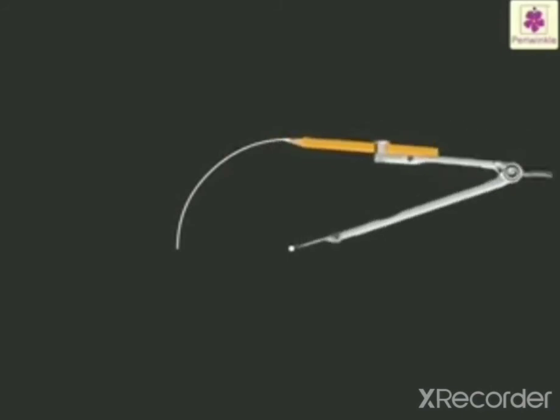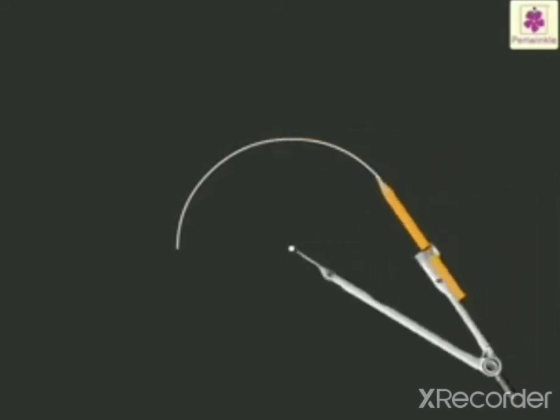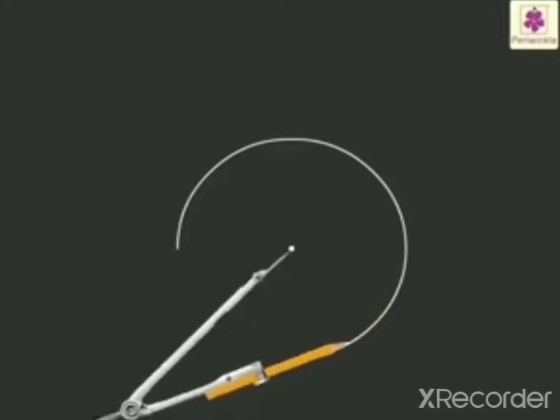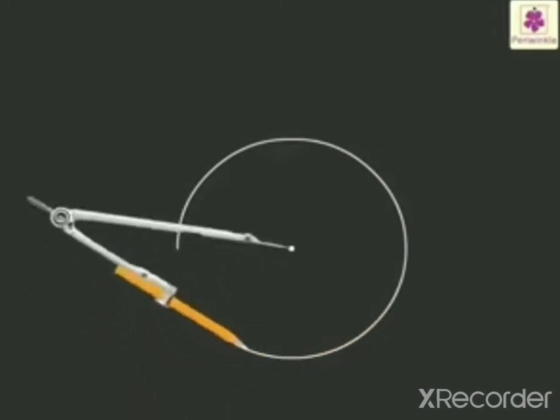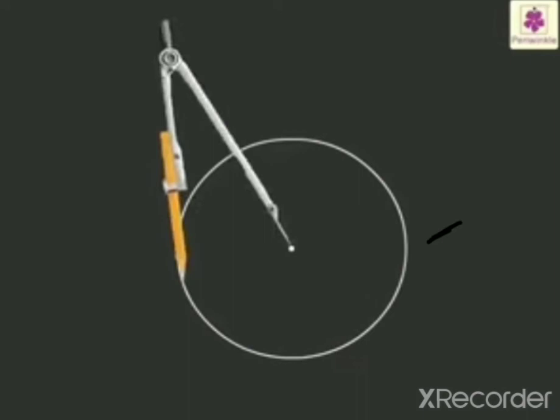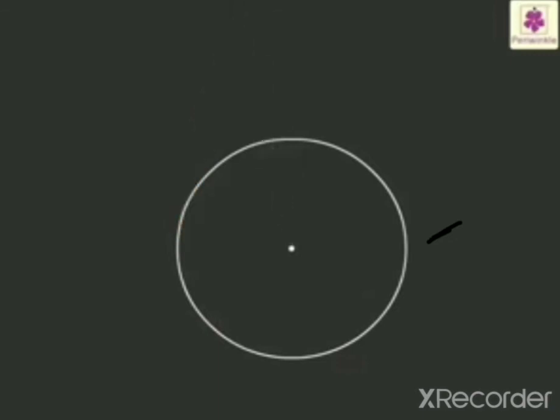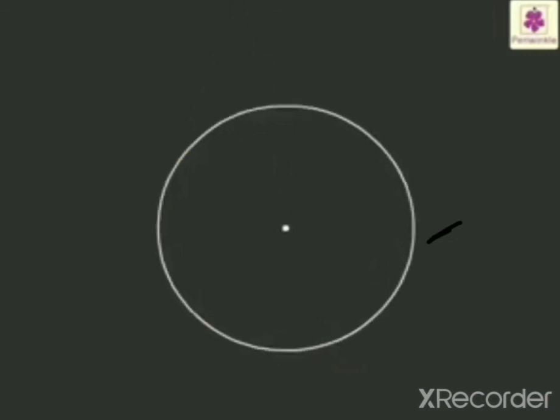After that you can see we will move the pencil arm to draw the circle. You can see clearly in this picture we are drawing a circle. We will move the pencil arm keeping our metal arm fixed to draw the circle. Now this is a circle.